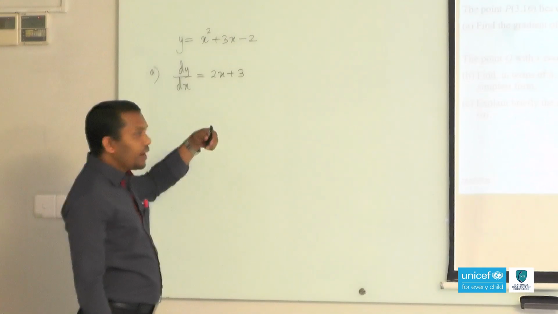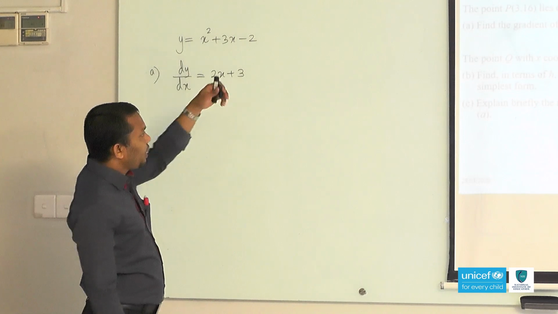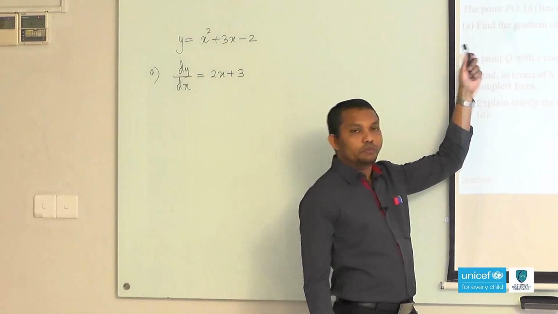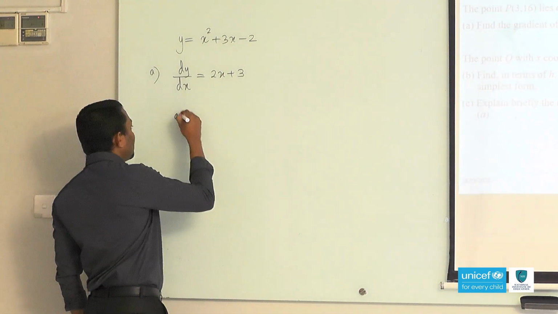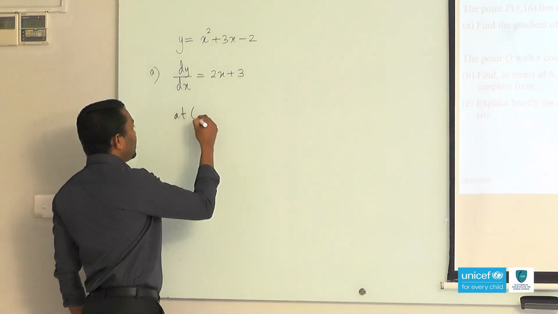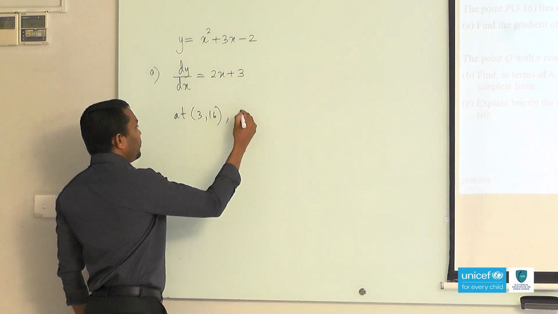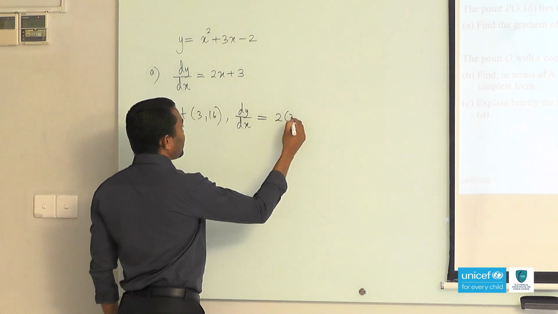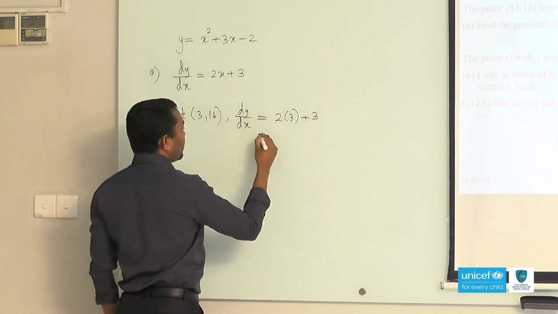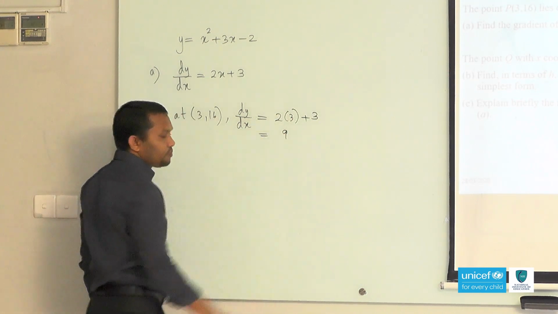To find the gradient of the tangent to the curve at the point (3, 16), we substitute the x coordinate, which is 3. So, at the point (3, 16), dy over dx equals 2 times 3 plus 3, that gives you 9.